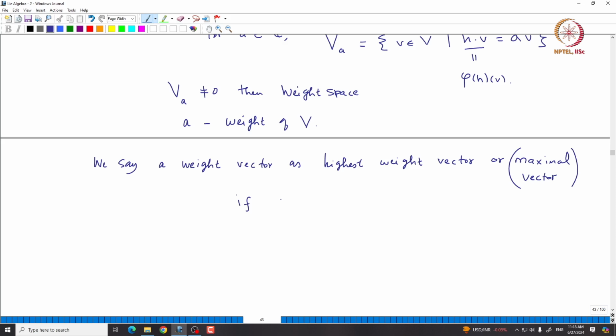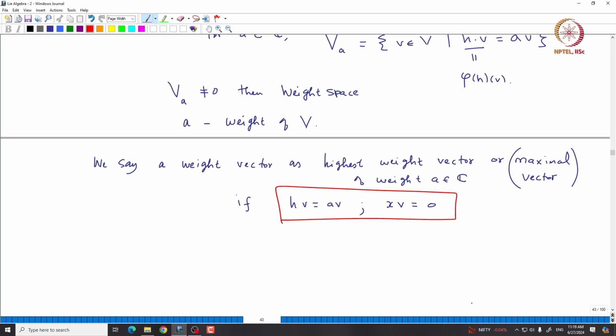If it is a weight vector of weight a in C, then Hv is given to be av and Xv should be killed. If these two conditions are satisfied, and v is a non-zero vector inside capital V, then we call that vector v a highest weight vector.